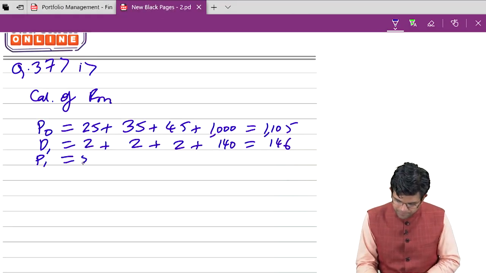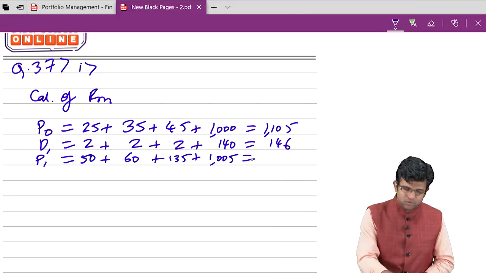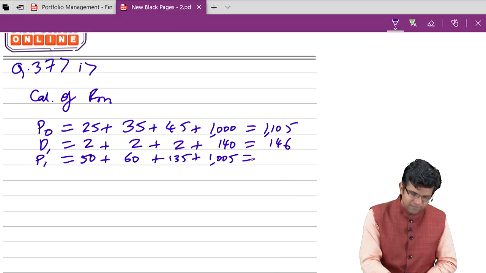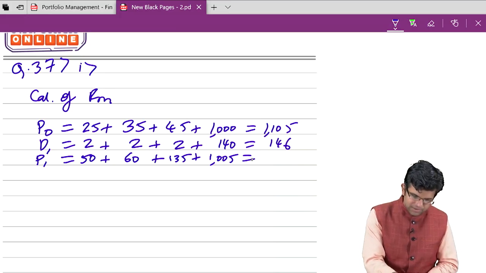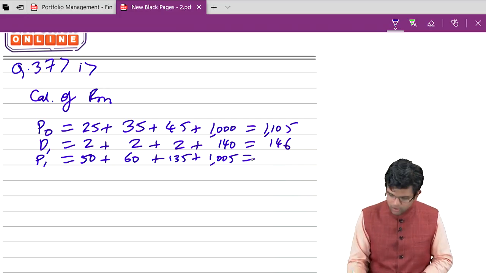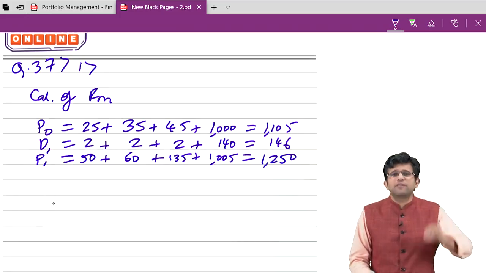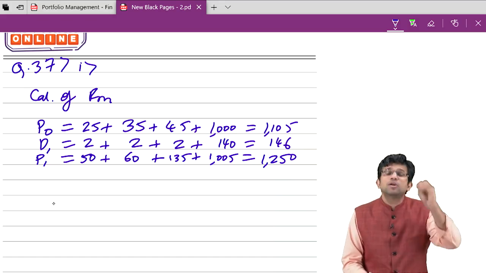So I'll write down here 50 plus 60 plus 135 plus 1005. Students, if we take the calci, which is equal to 1250. So now we have total P0, total P1, total D1.